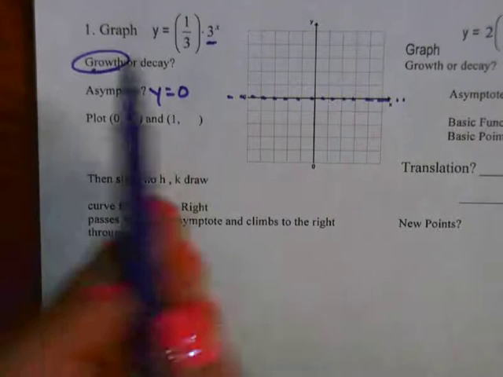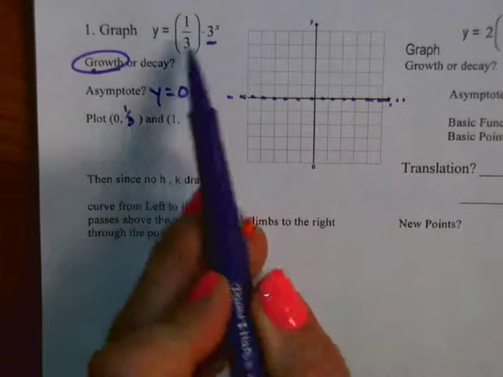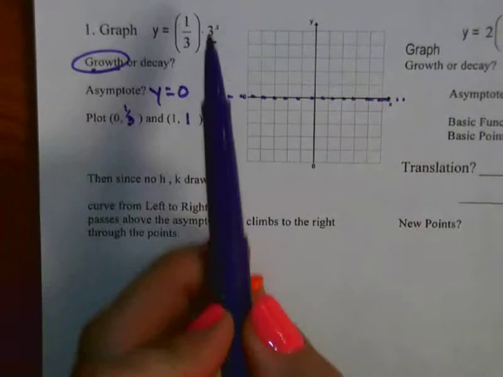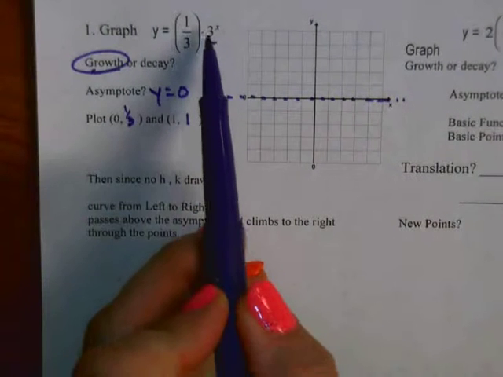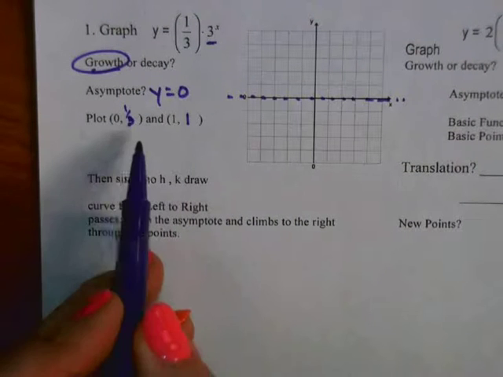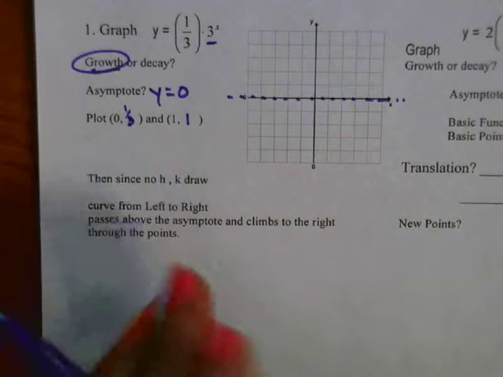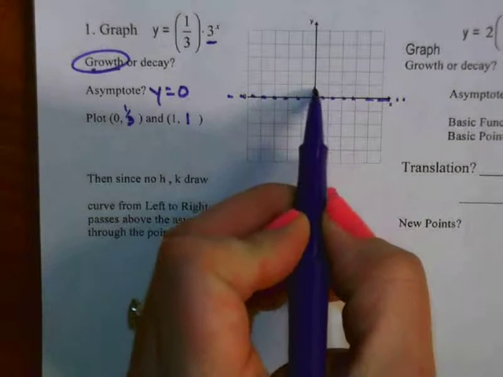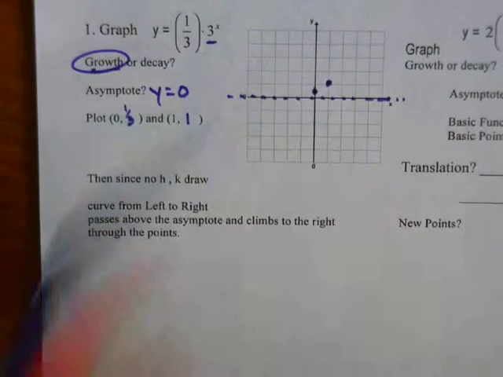And if x is 1, what's this going to become? 1, because 3 to the first power is 3, and 3 times 1/3 is 1. Okay? So then you plot those 2 points. Something like that.